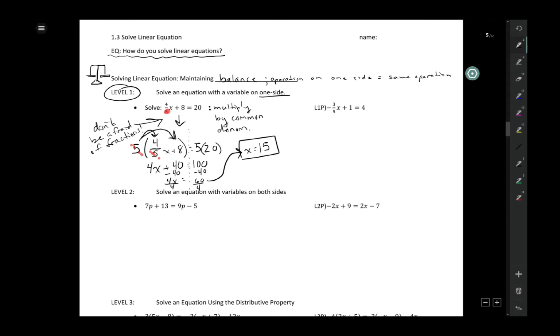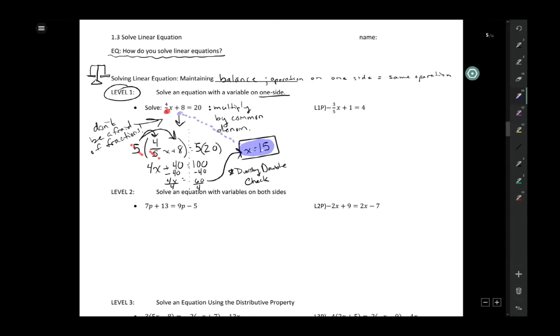Now, what I recommend you do in the future is the Dvorsky double check. And what that means is you just take your x equals 15. You did all that hard work, substitute it back in for x.